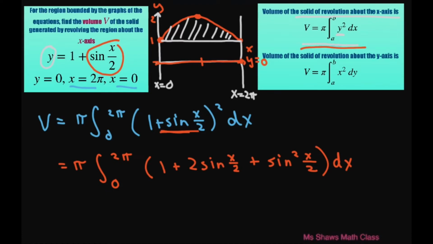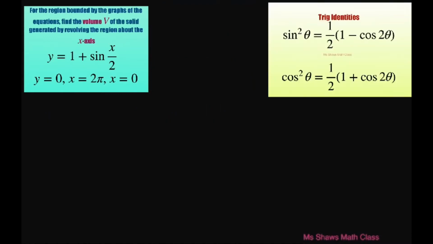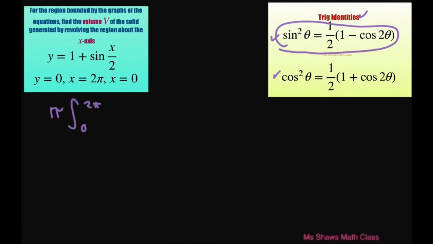Now, as usual with integrations, we're going to rewrite this based off a trig identity that makes integration easier. So basically, I'm going to use this formula here. These are very good trig identities for integration. So I'm going to rewrite this as pi times the integral from 0 to 2 pi. Then we still have the 1 plus 2 sine of x divided by 2.